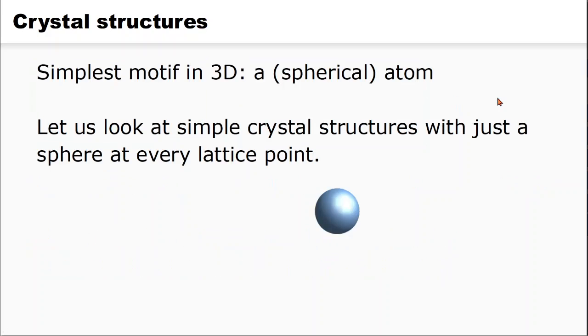The simplest motif, as I said, that one can imagine is a sphere representing an atom. There are quite a few examples among elements where the atoms do appear to be tiny spheres. Metals such as aluminum and copper and noble gas elements such as argon do appear to have their atoms in the form of tiny spheres.